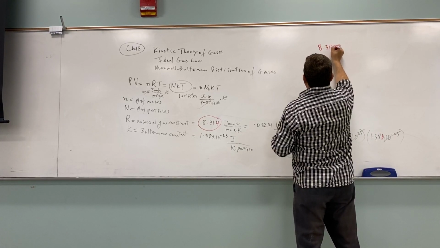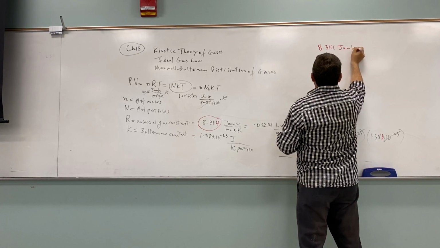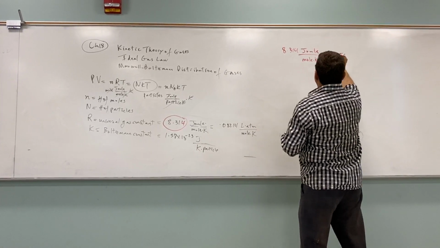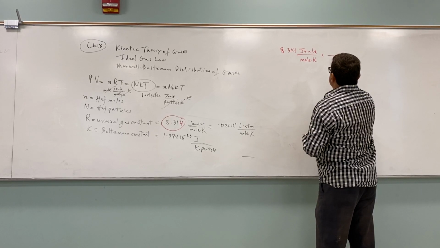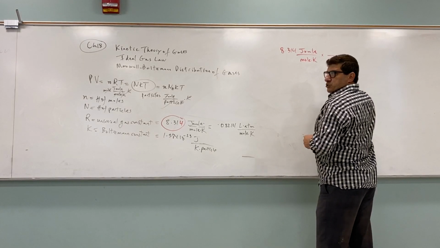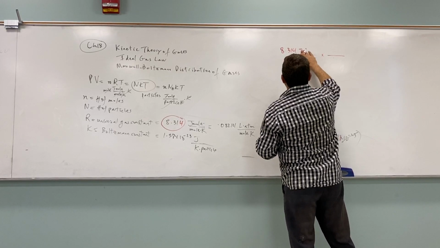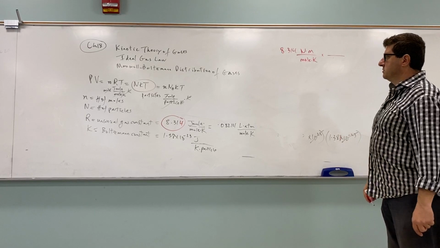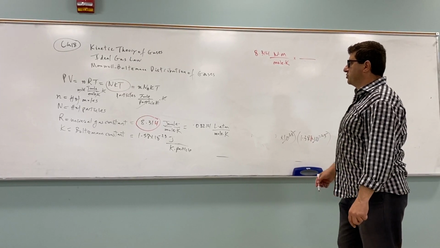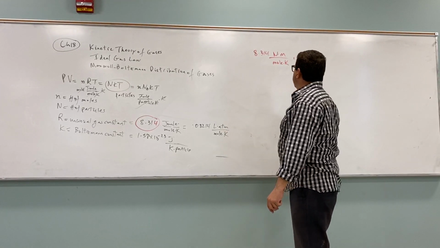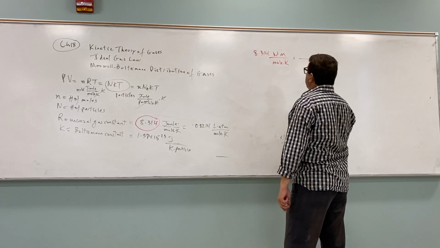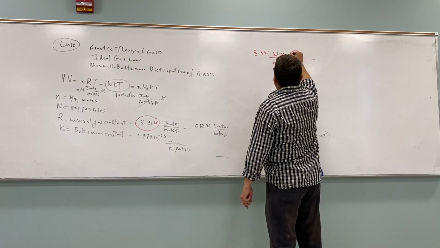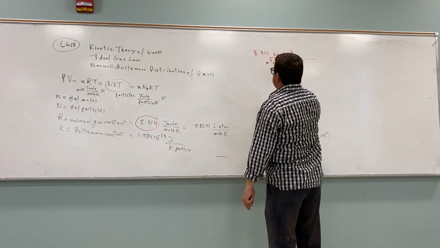8.314 joule per mole Kelvin. A joule is a Newton meter. Then you multiply by meter squared and divide by meter squared.